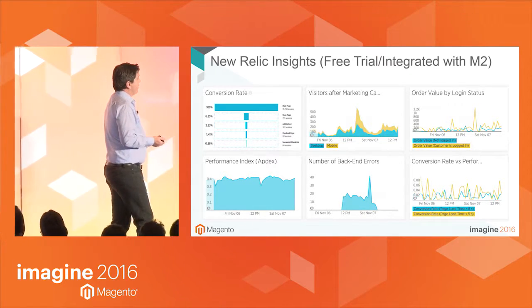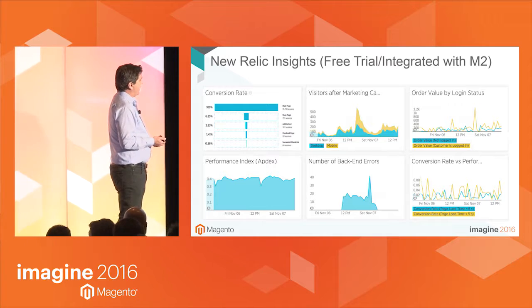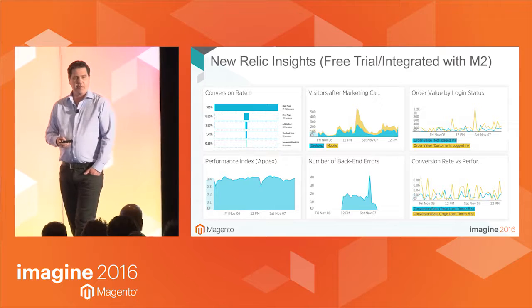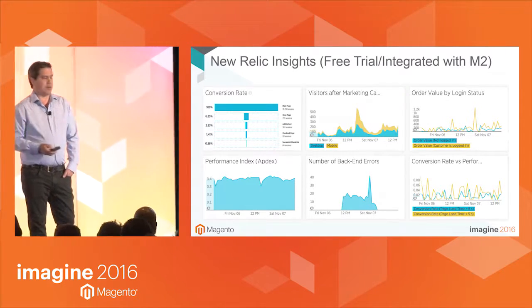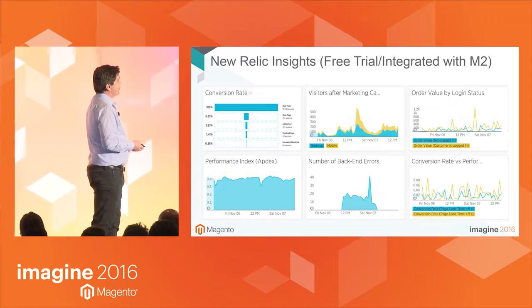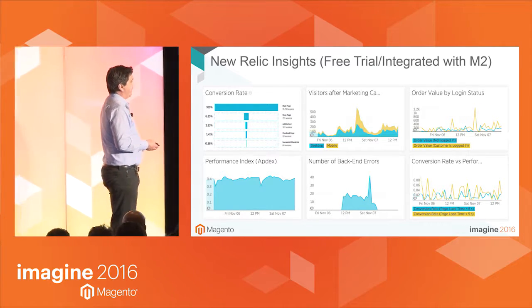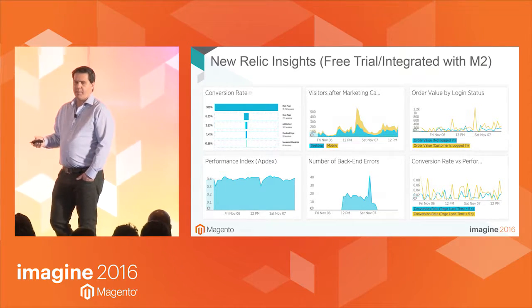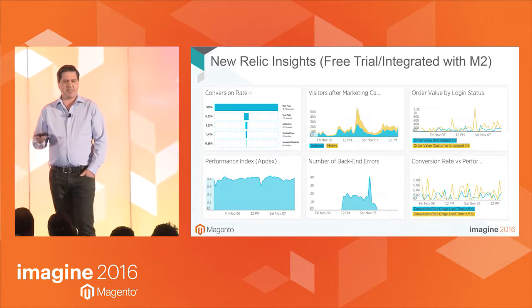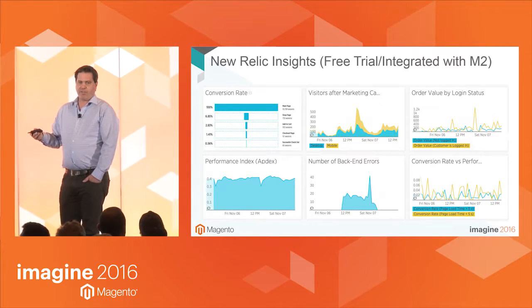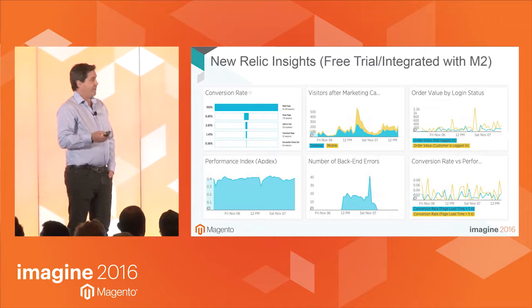So here you can see both the health of the application, the performance AppDex score, or application health index that New Relic provides, along with more business-focused metrics like the conversion rate and the visitor count to the site. This really helps ensure that both the development community and the business community have that single pane of glass, that single view across how the site is performing, both for the technology side and for the business side.